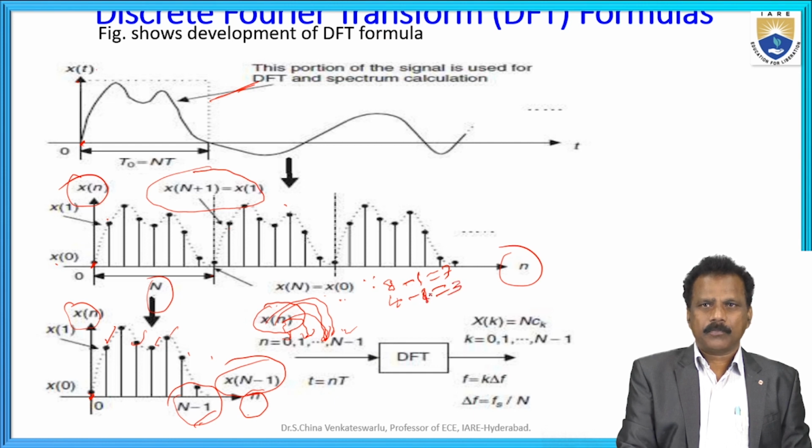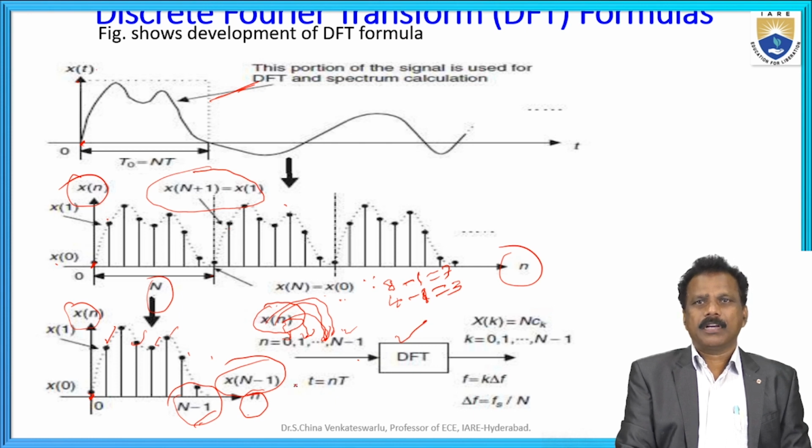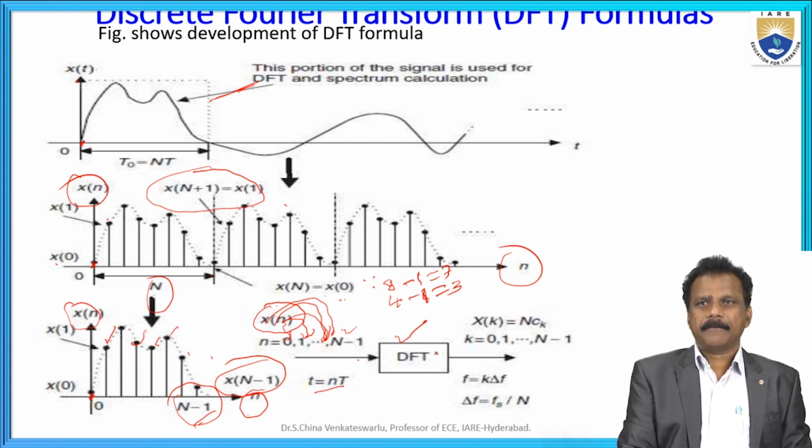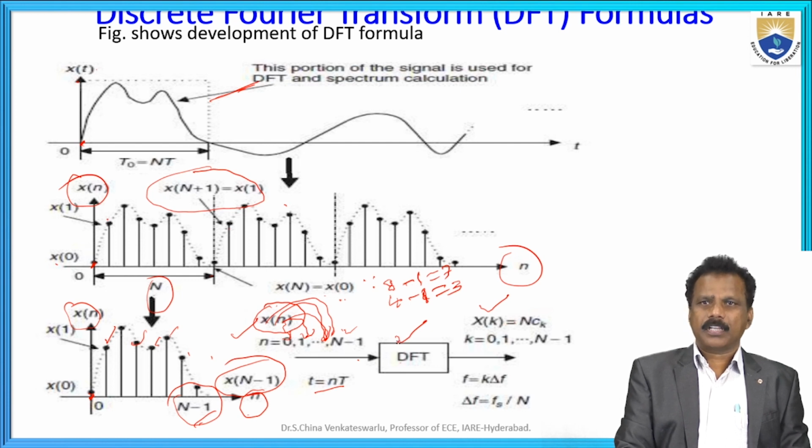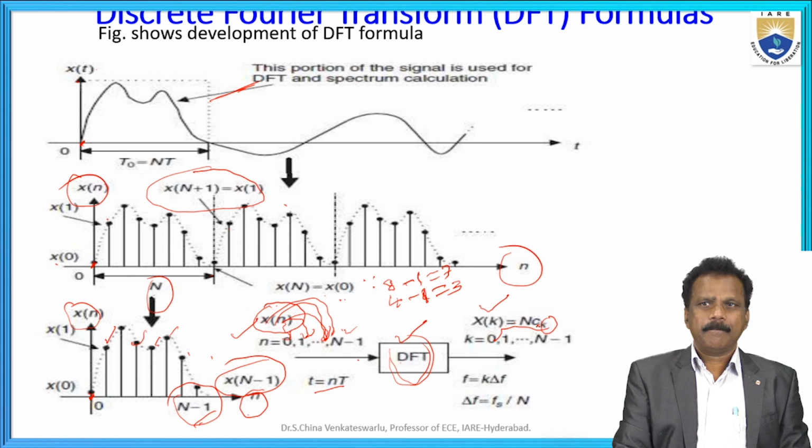This value is given to the DFT, the discrete Fourier transform, where t is equal to nT. The input signal is x of n, and the output response is X of k with the help of the DFT. For X of k, the k value is ready to substitute: k equal to 0, 1, 2, 3, 4, up to N minus 1.